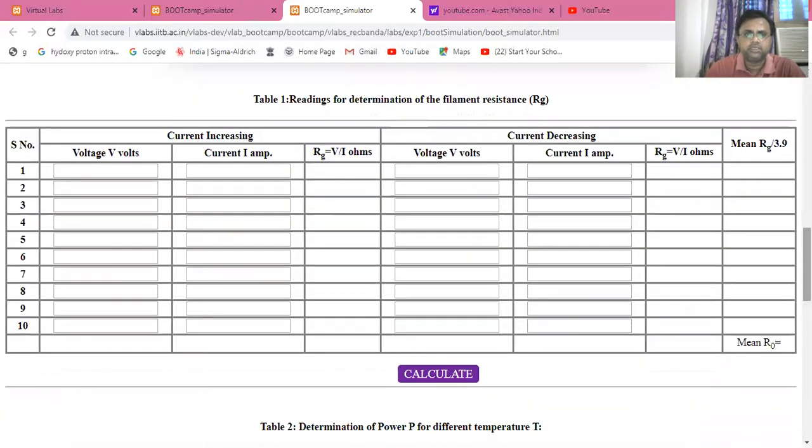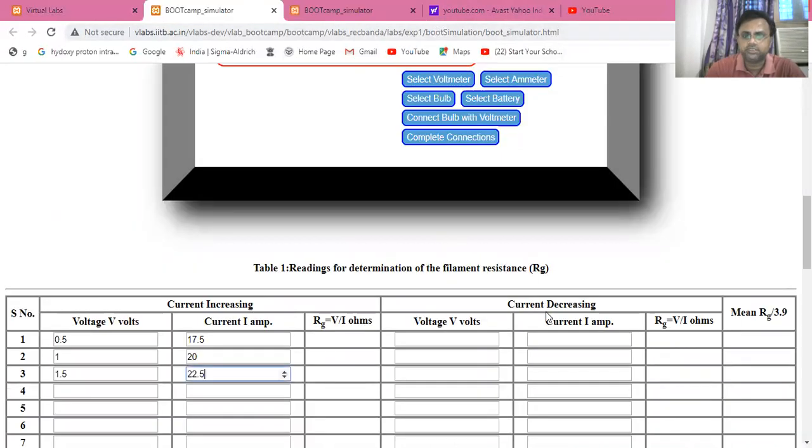Sorry, the reading is not here, so we have to take each and every reading.